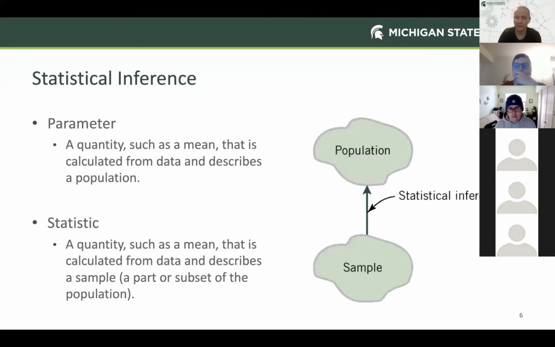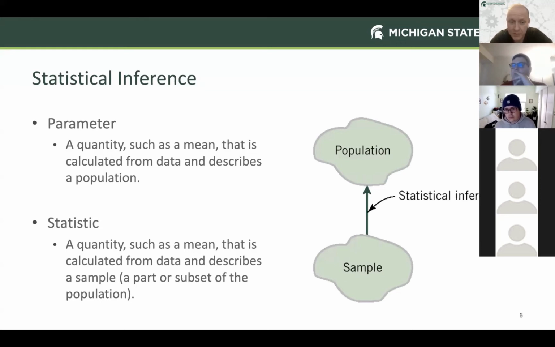But what we're trying to do fundamentally is basically take that data, that information that we've collected for the sample, and we're trying to make inferences based on the entire population. And those inferences are going to be based upon whatever trends and whatever metrics we observe within the sample.